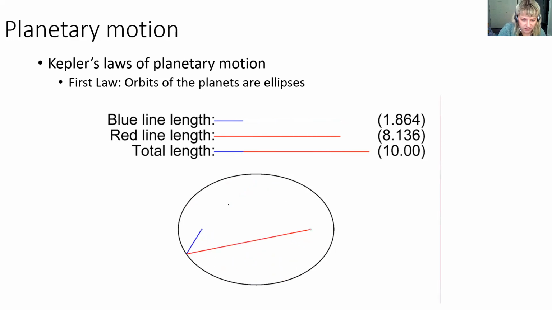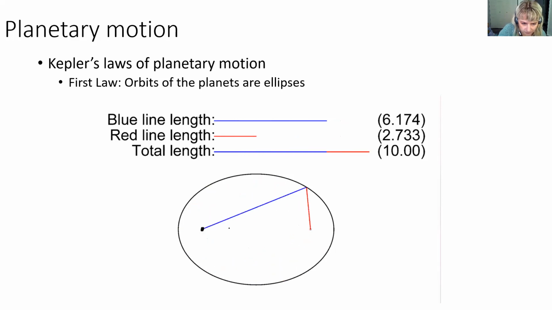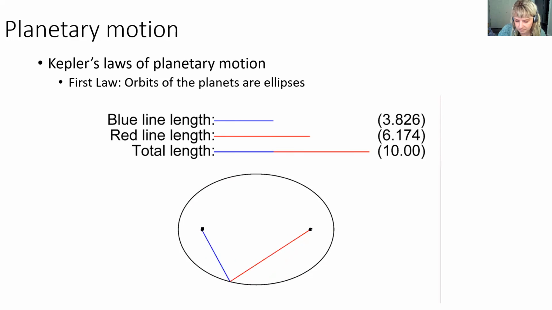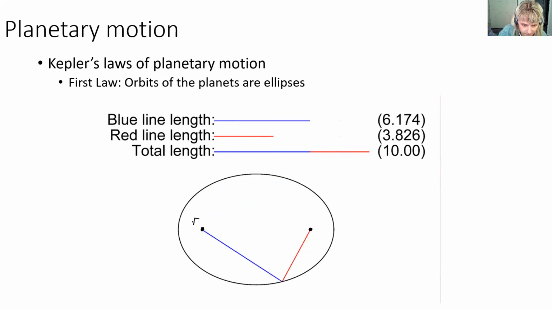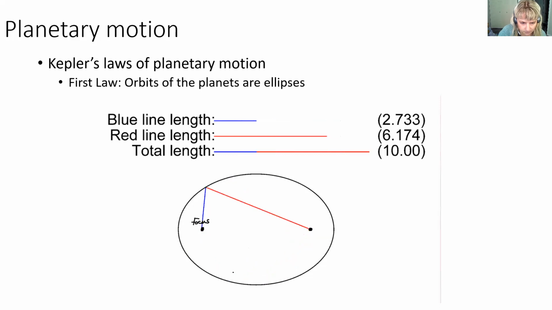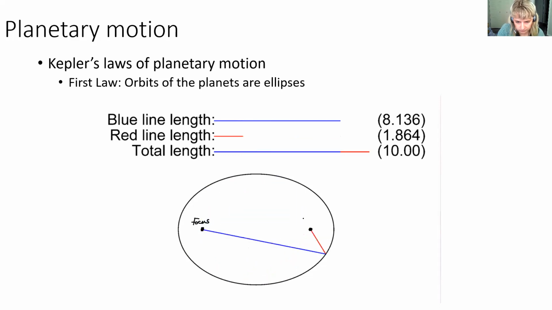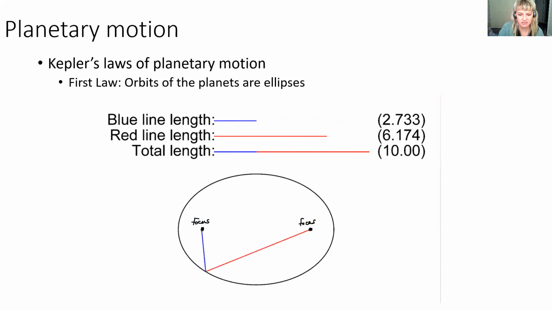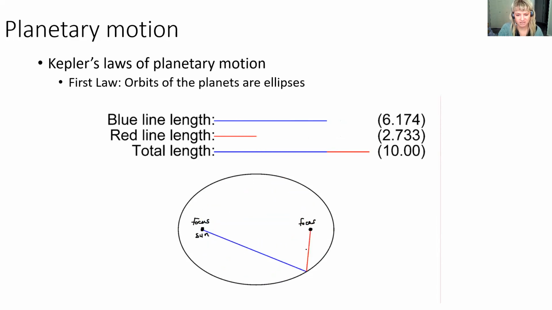These little points right here, this one and this one, are called foci. And so when a planet goes around the sun, the sun is actually at one of these foci. So the sun could be over here, and maybe this is Earth traveling around the sun. Again, this is a very stretched out ellipse.